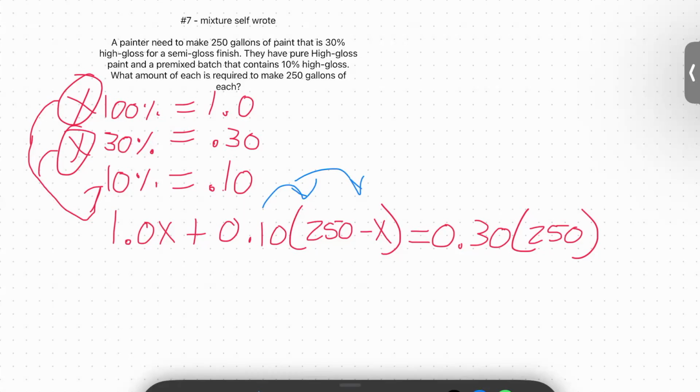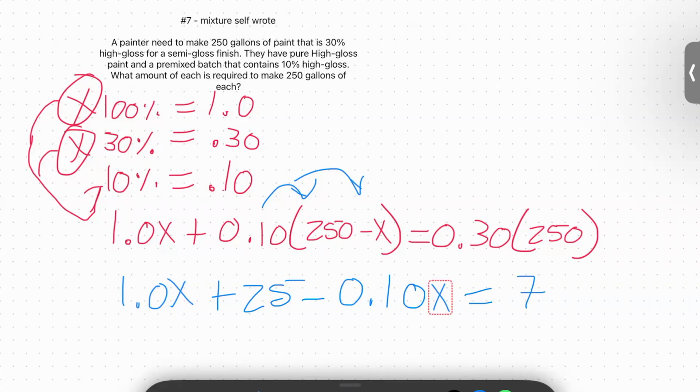Because we're doing it for the 10%. And we're just going to solve. We're going to distribute. This is going to be plus 5 minus 0.10x equals 75.